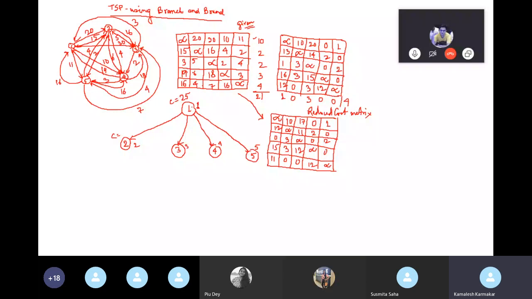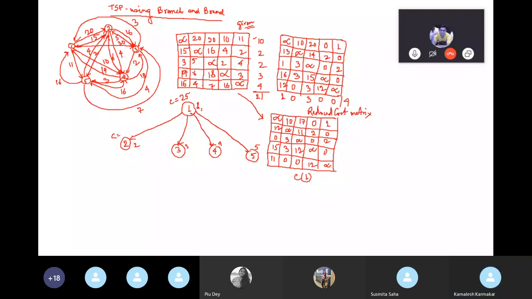In this tree, within the circle we will represent the node number, and just beside this node number, we will represent the vertex number. This one represents the vertex number, whereas this one represents the node number of the generated tree. It will be incremented one by one. So this is the cost matrix for node 1.